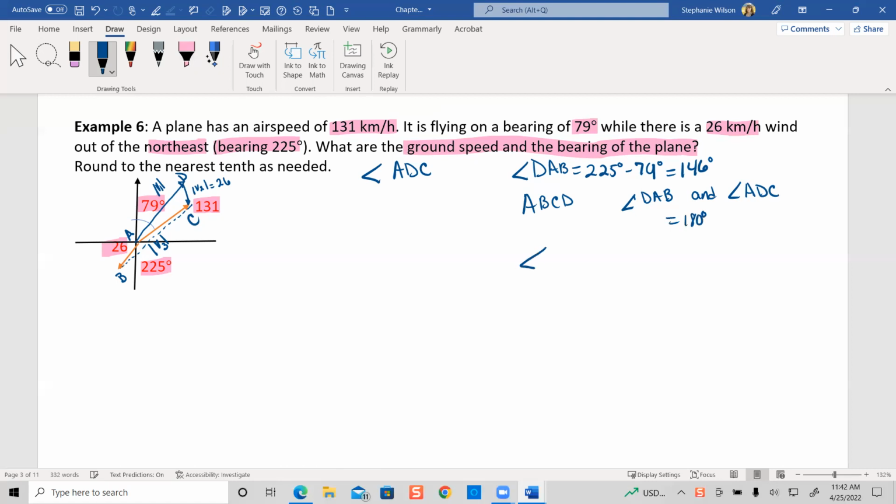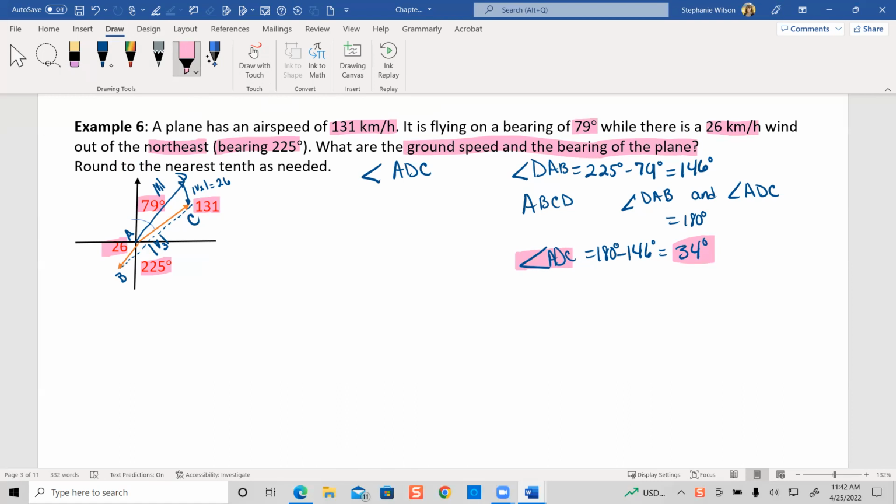Well, knowing that, now I'm going to say, okay, ADC is equal to 180 degrees, and I'm going to subtract that 146 degrees we just found, which gives me 34 degrees. Okay, now that you know the measure, let me highlight this one right quick. Okay, now that we know this one, let's move on.